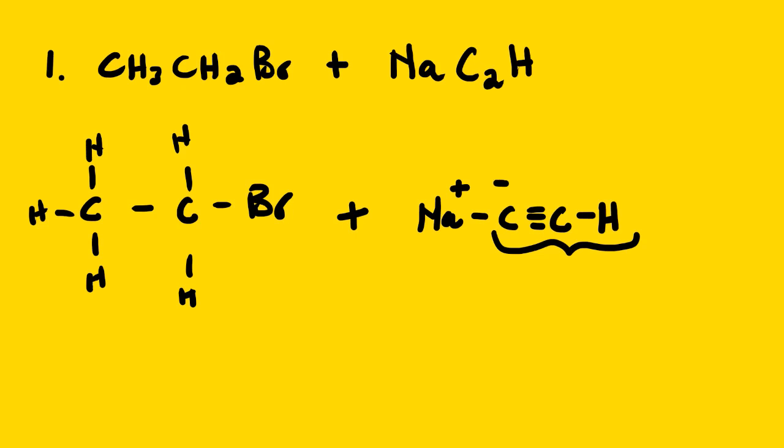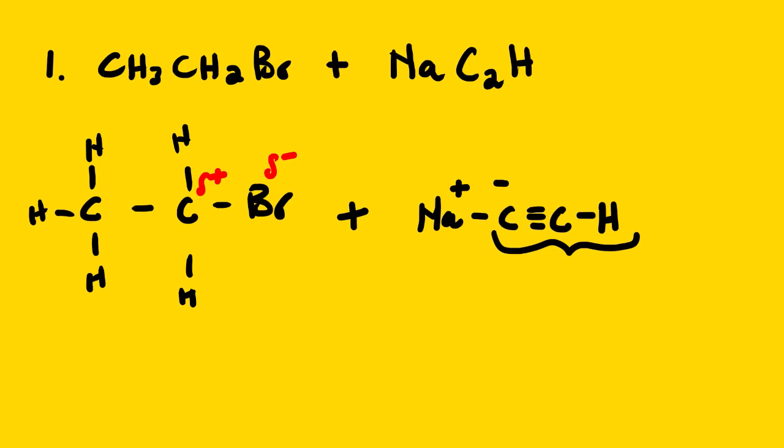And then looking at our substrate, we can see that the leaving group will have a partial negative charge, and then our electrophile will have a partial positive charge. So meaning that this will be our nucleophile.